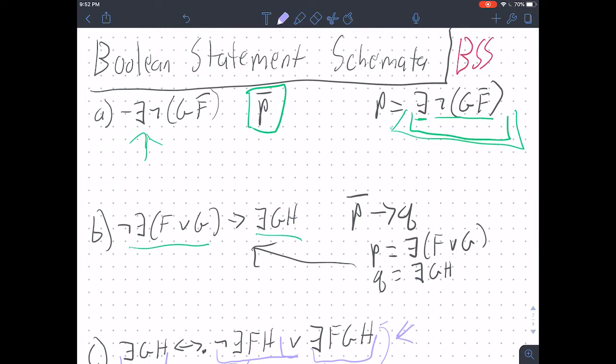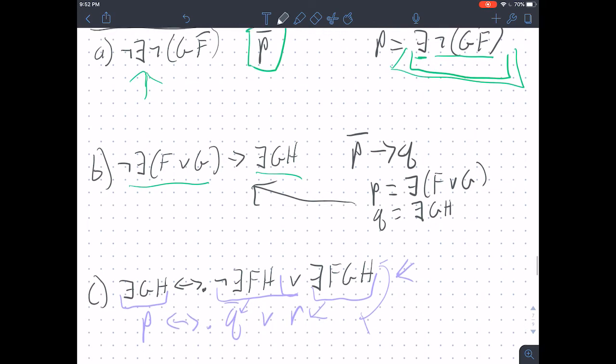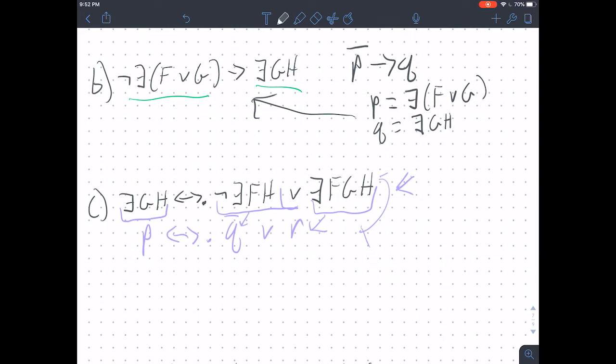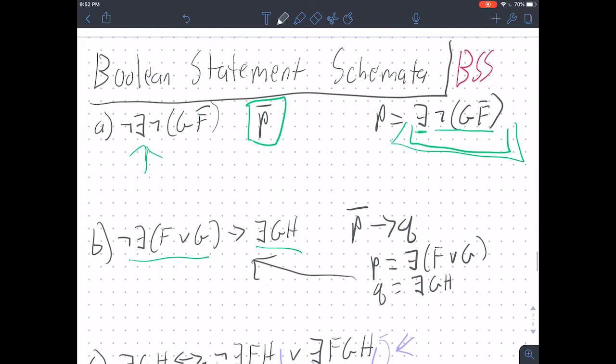So remember, if you have a negation sign in front of a backwards E anywhere, it has to be a Boolean statement schema, right? Similarly, if you have things that are connected with truth functions like this, the whole thing has to be a Boolean statement schema. Definitely, if you have negation signs in front of backwards E's and truth functional operators, it has to be a Boolean statement schema.